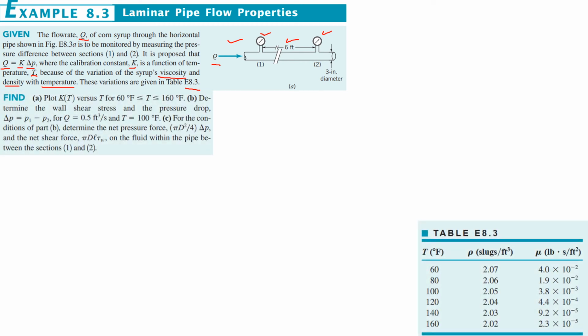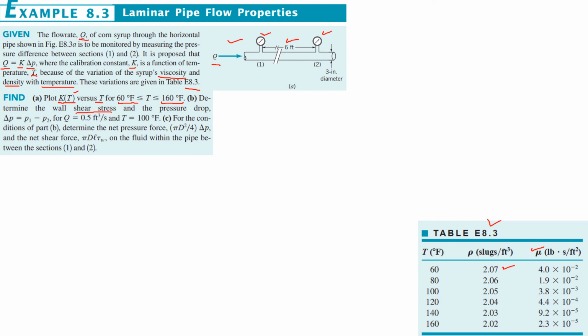So what we will have to do, there are 3 parts. In part A, we will have to plot the calibration constant, which is a function of temperature, versus temperature for a temperature range of 60 Fahrenheit to 160 Fahrenheit.